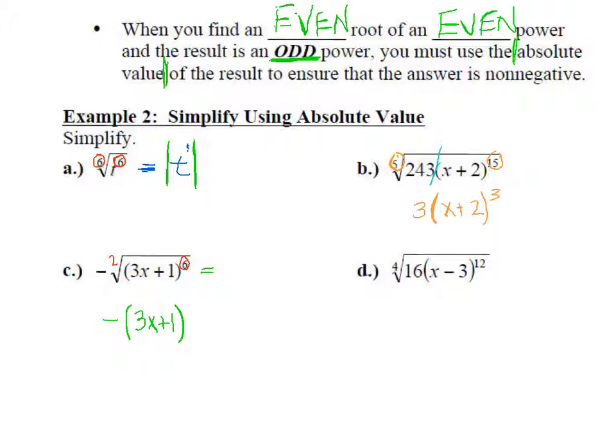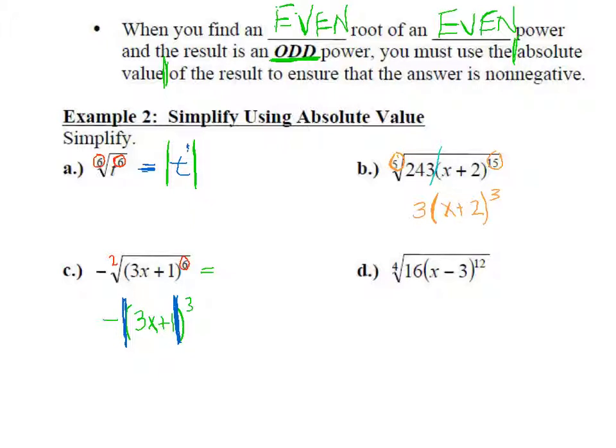So 6 divided by 2 is a 3. Since we have an odd power as our result, you will actually need to put in absolute value signs. So just the 3x plus 1 will need to be in absolute values. The negative outside is not, because it was already outside our function.